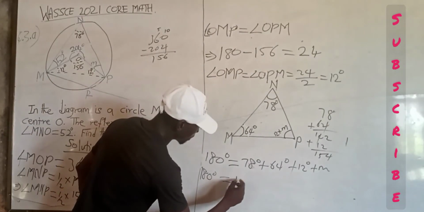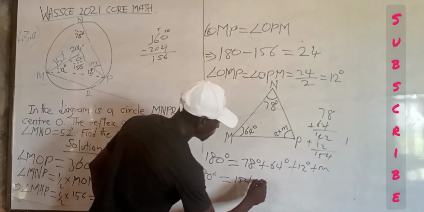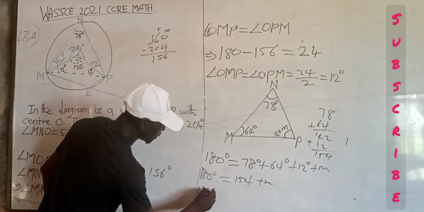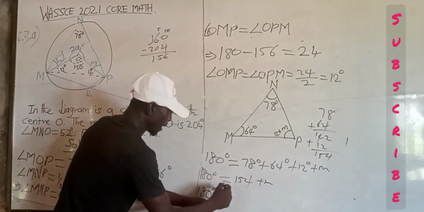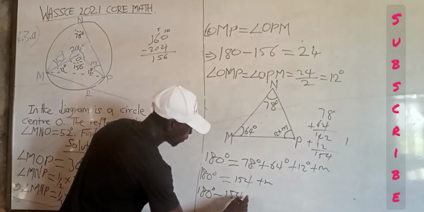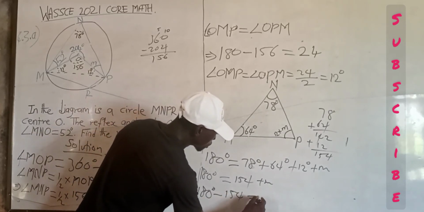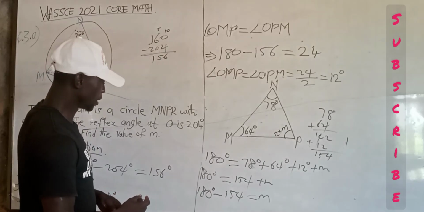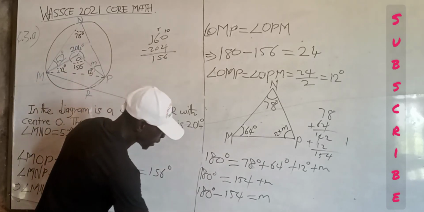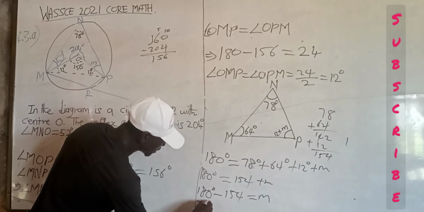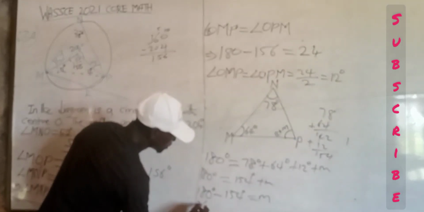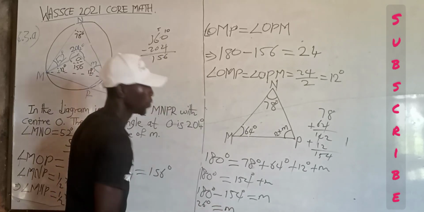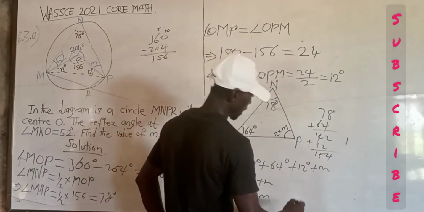So we put 154 plus M, and we have 180 minus 154 equals M, and this will give us 26 degrees.